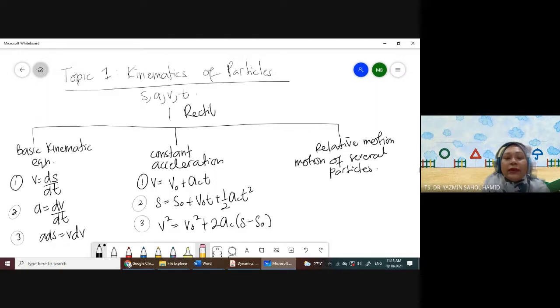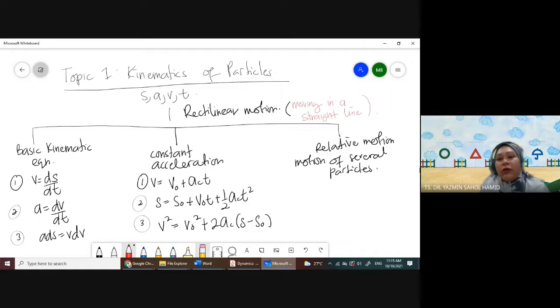You remember what rectilinear motion means? Straight line. Yes, moving in a straight line.